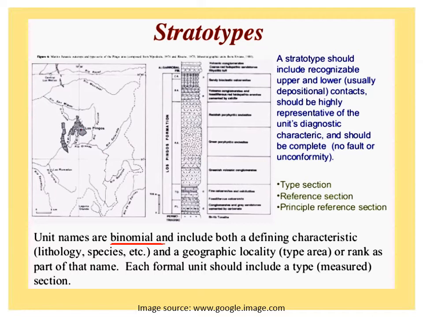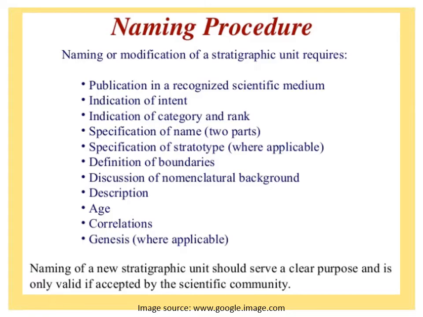The second part indicates the rank of the litho unit. Along with that, you have to mention its geographic locality with a graphic log and a proper description. After that, it can be named as a type, as I previously told you.